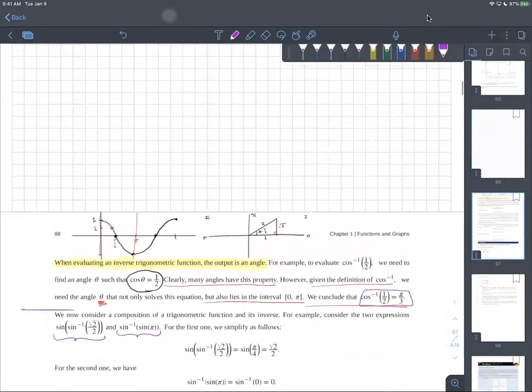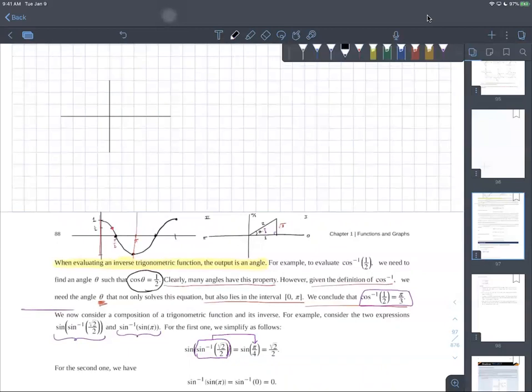It does say here, the first one we simplify as follows. The sine inverse of the square root of 2 over 2, this entire thing here is just equal to pi over 4. Now, how do we get this? Since we're starting this material here, let's go ahead and take a look at that.